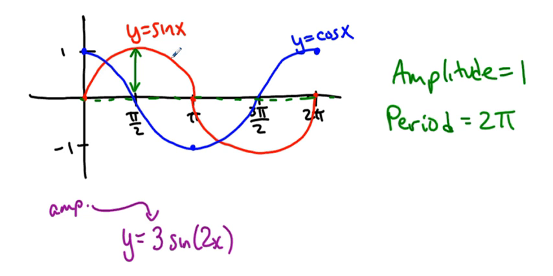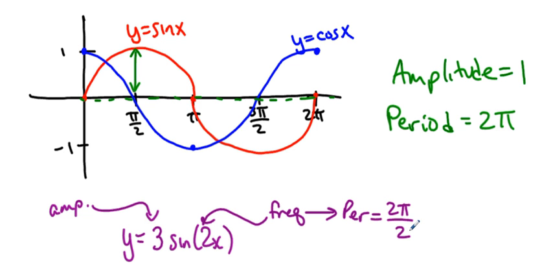And so we would need a graph that looks just like this, but stretched vertically 3 times as big. And then this 2 is called the frequency, and it implies that the period is 2 pi over that frequency. That graph repeats its cycle every pi.